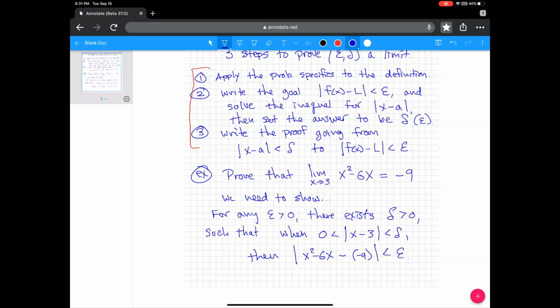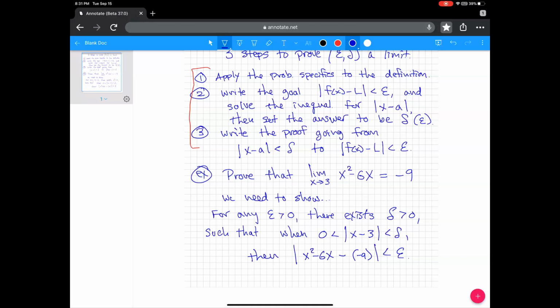So by rewriting the definition with the specifics of the problem plugged in, we are writing what we need to prove to show that this limit is minus 9. We have to prove that for any epsilon greater than 0, there exists a delta greater than 0 such that when x minus 3 is less than delta, the function minus the limit is less than epsilon.